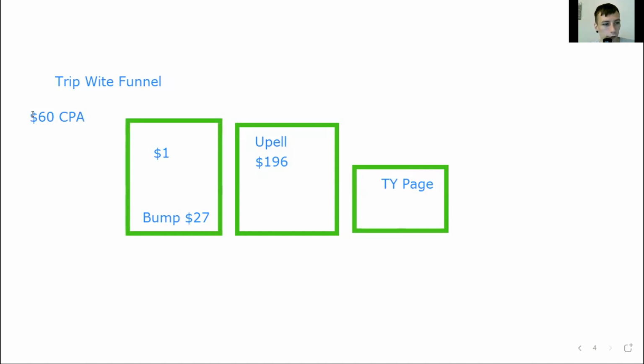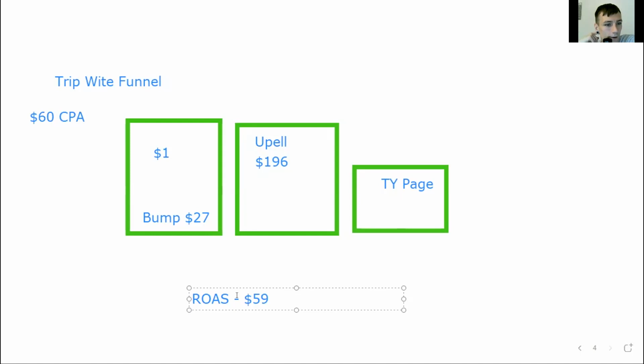If that was all you were doing, spending $60 in ads and making 1 sale, you would have a return on ad spend of negative $59, which isn't very good.